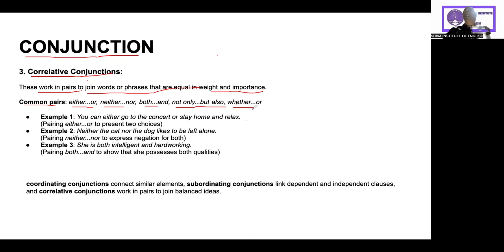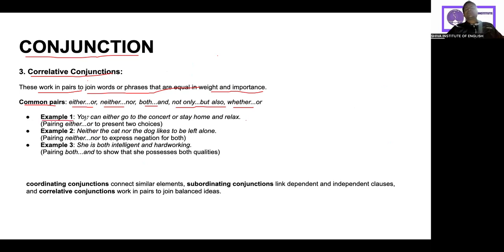You can also say more...than, rather...than, sooner...than, farther...than, or never...or. All such words are known as pair conjunctions. They generally join words or phrases that are equal in weight and importance. Now, coming to some examples, which will help you understand it.